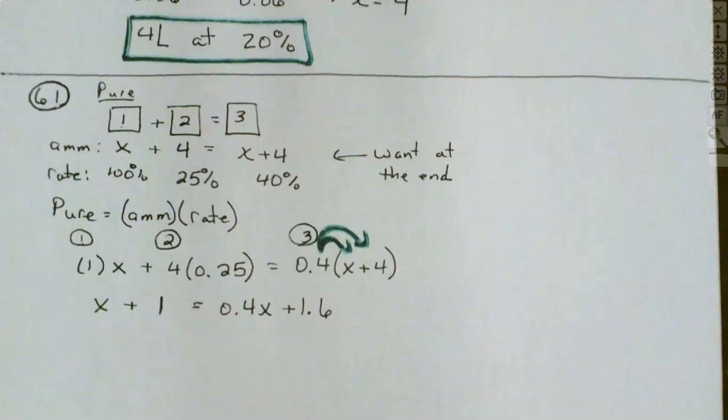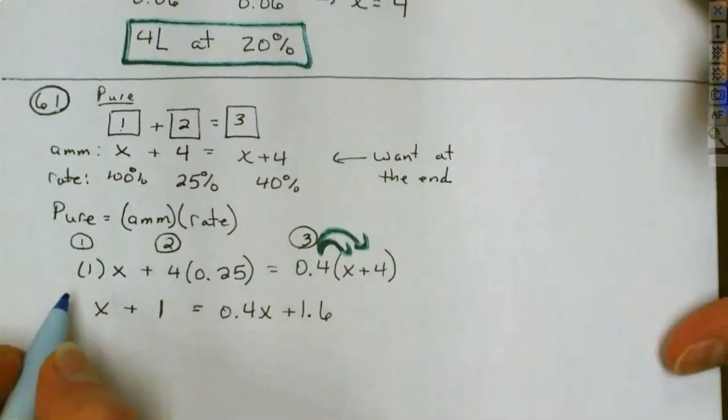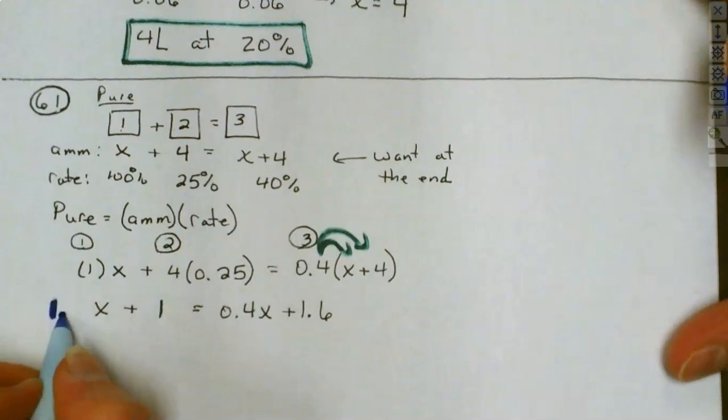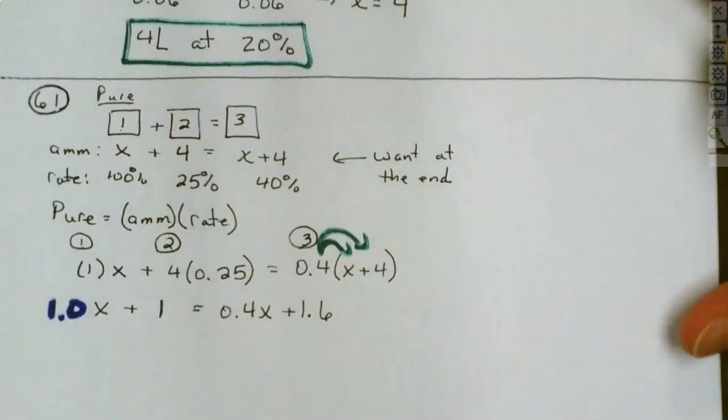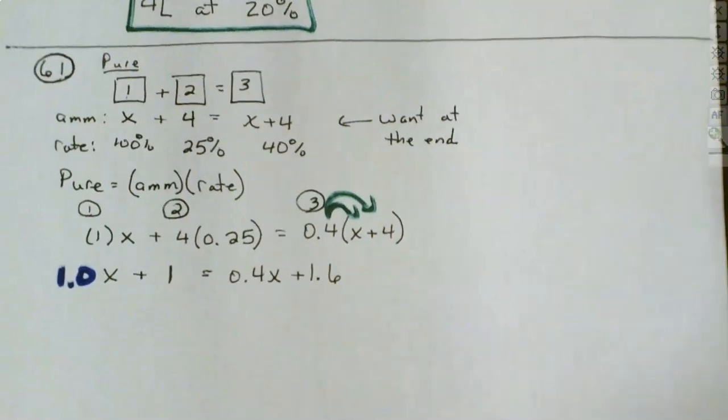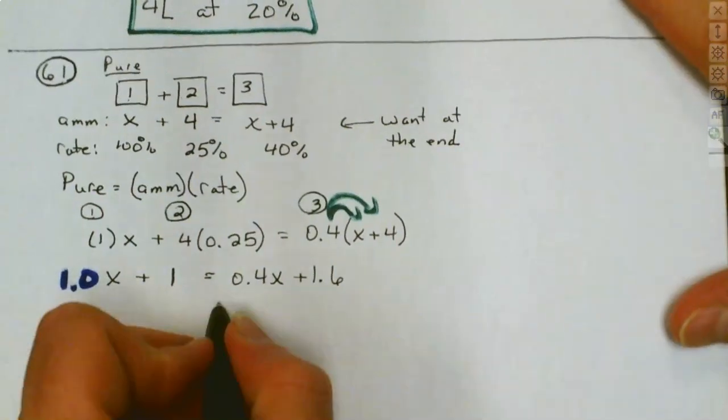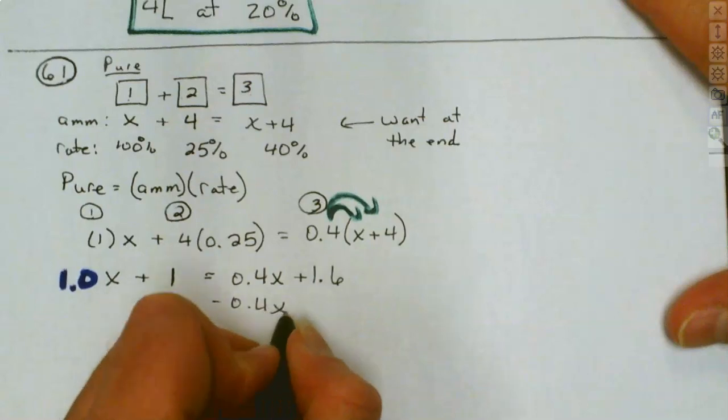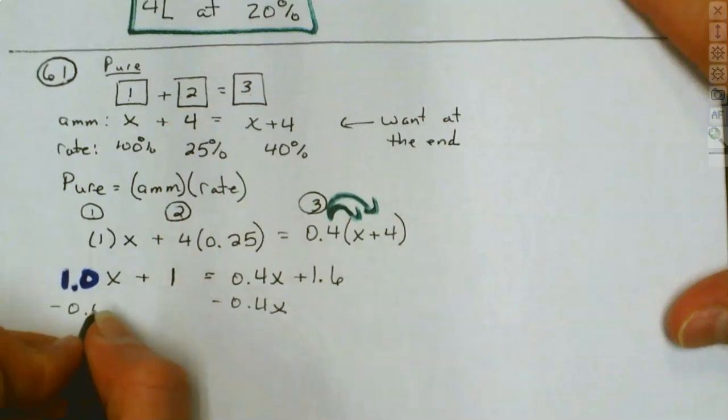Now, when we move that 0.4 over, we need to make sure that we're very, very careful with the decimals. Because a lot of times students make mistakes with the decimals. So just so we don't make a mistake, since we've got to move things around, I'm going to use the 1.0. That way when we move over that 0.4x, we don't make a mistake.